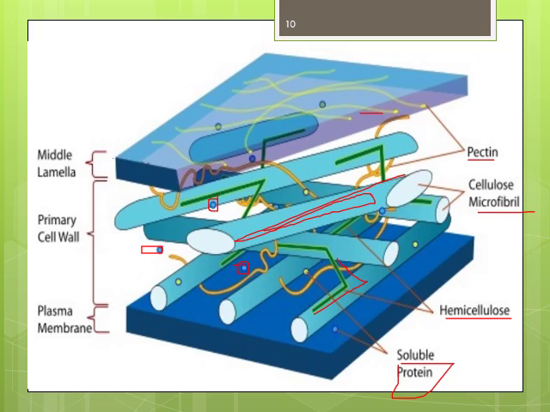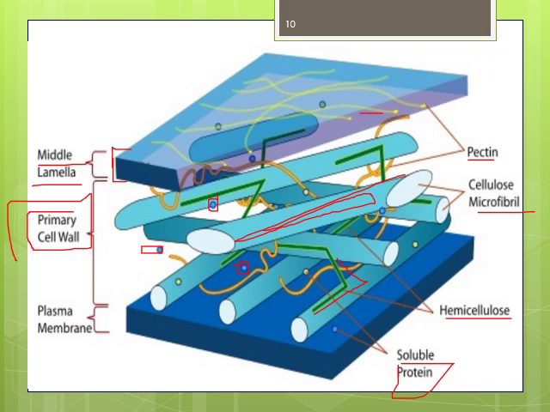This upper layer, or joining layer that joins two cells together, or cemented layer, is called the middle lamella, and below this middle lamella we have a primary cell wall. Different chemical constituents like cellulose microfibrils, pectin, hemicellulose, and soluble proteins arrange themselves to form a very compact structure that we call the cell wall.